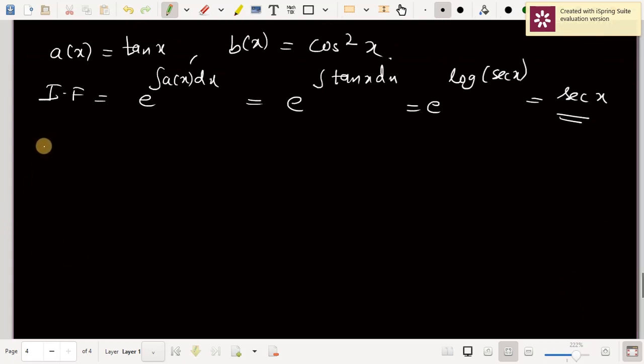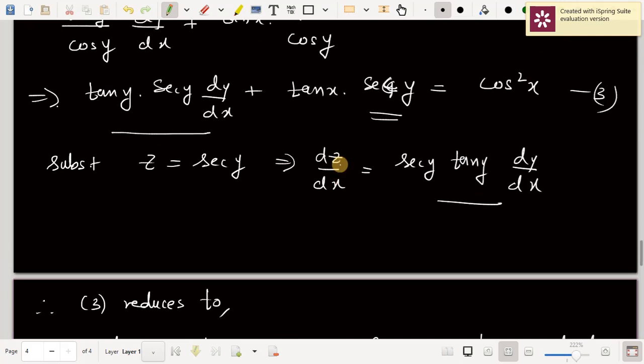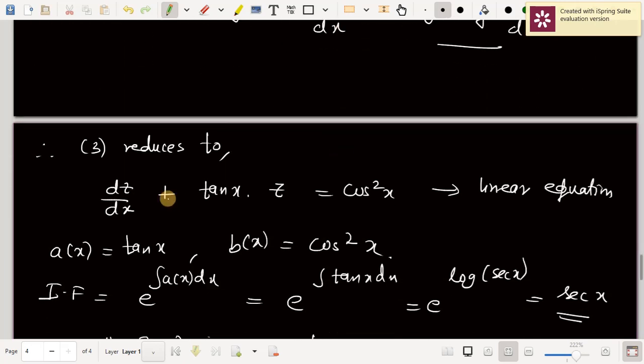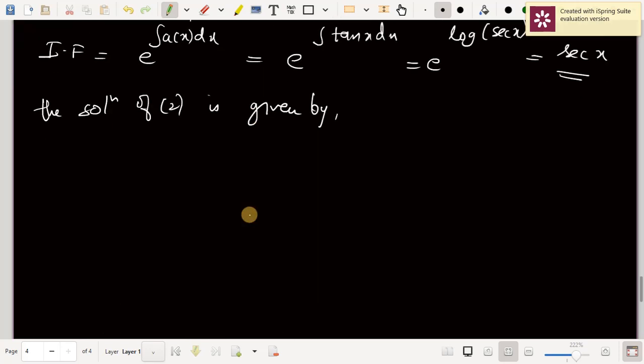So the solution of 2 is given by, so in fact this is a solution to this equation, and which in turn is a solution to the given equation. So I write down the solution as integrating factor into z is equal to integral of integrating factor into b of x plus c dx.